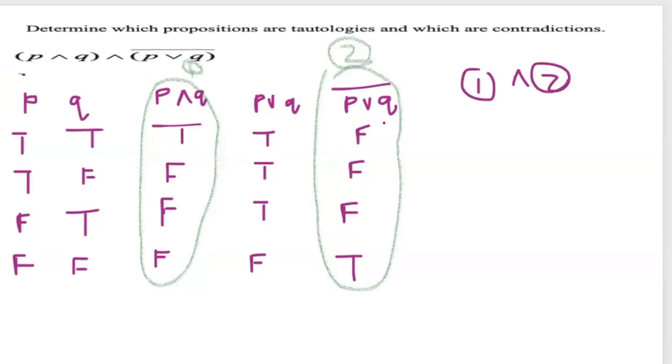So with and, true false is a false, false false is a false, false false is a false, and false true is a false. So given that I get all to be false, then my conclusion is that it's a contradiction.